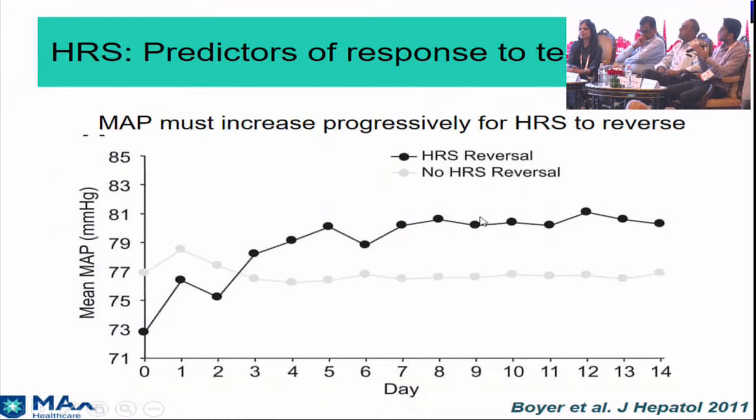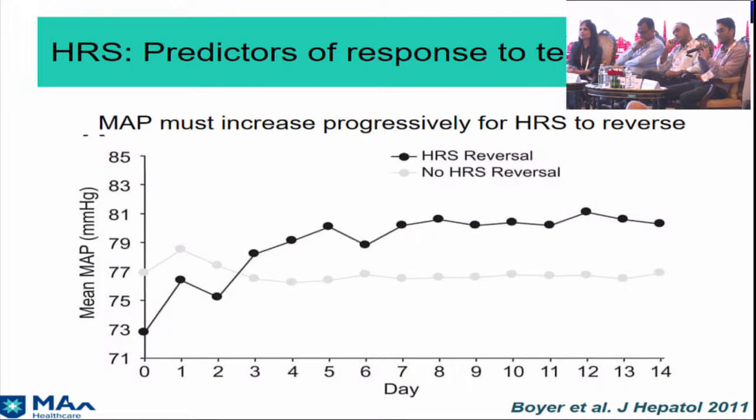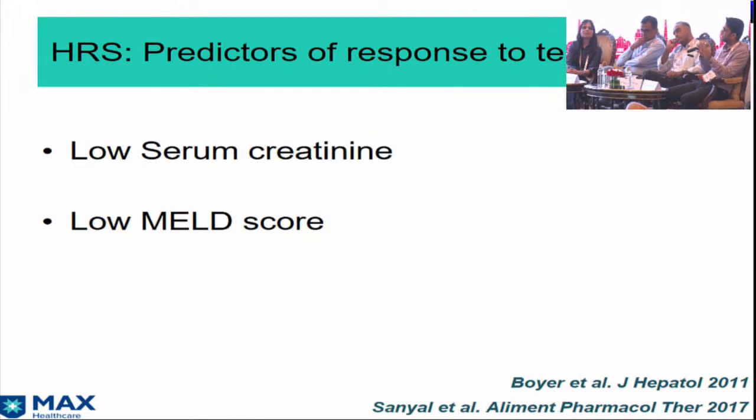There have been specific predictors of HRS improvement, like MAP. If MAP is rising with the use of terlipressin and albumin, you can say that yes, there is improvement. And other predictors like low serum creatinine and low MELD score are definite good predictors of response to terlipressin.